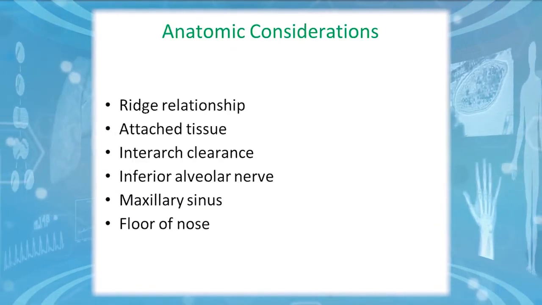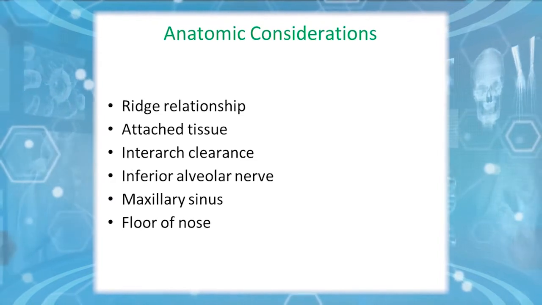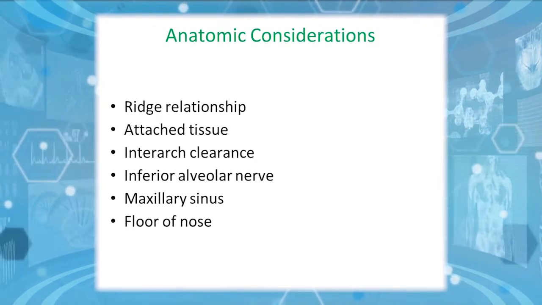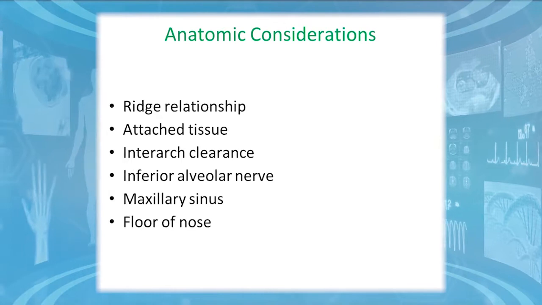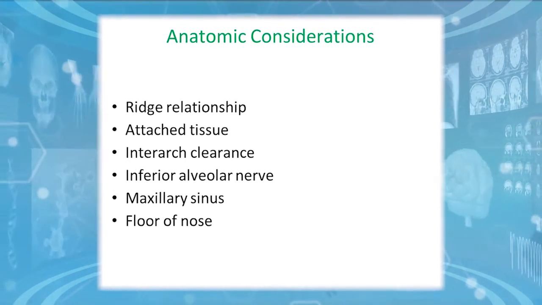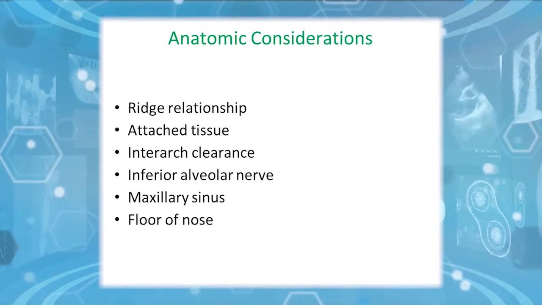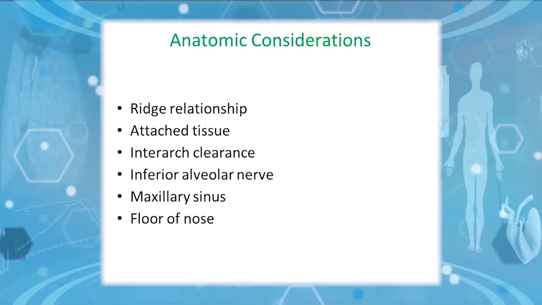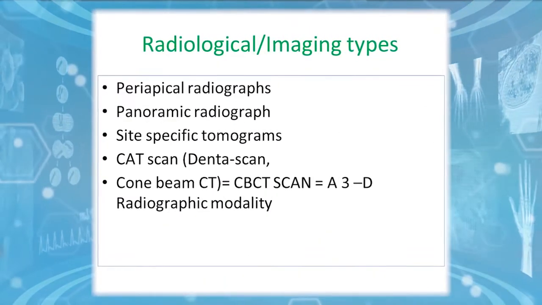So what are the anatomical considerations during implant therapy? Ridge relationship, attached tissue, inter-arch clearance, inferior alveolar nerve, maxillary sinus, and the floor of the nose.